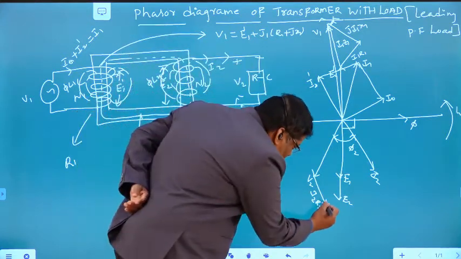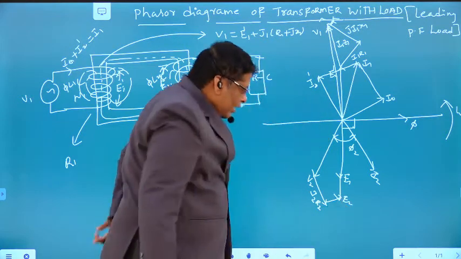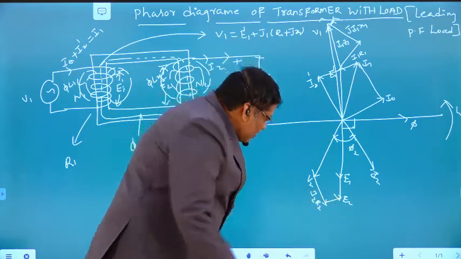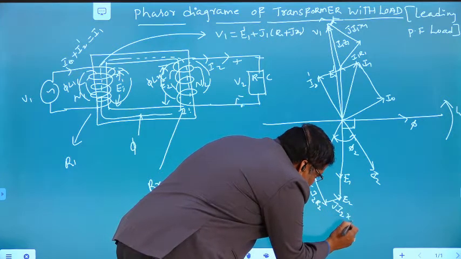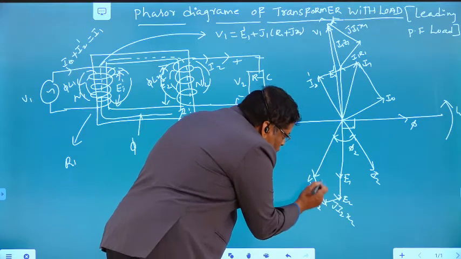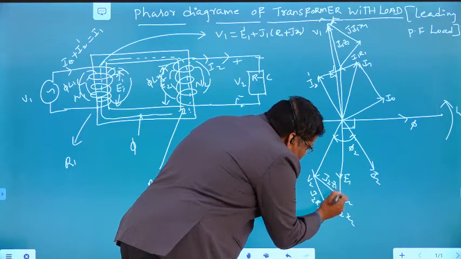Next, perpendicular to the I2 R2, from the end of the E2, you have to draw a phasor. This represents the j I2 X2. The phasor sum of these two is the I2 Z2.